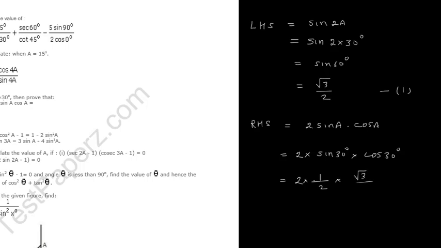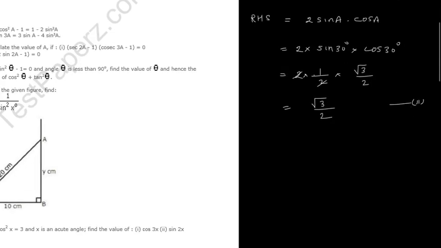So this 2 and 2 will cancel, and the final answer is root 3 upon 2. This is the right hand side. Now from 1 and 2, we can say LHS is equal to RHS.